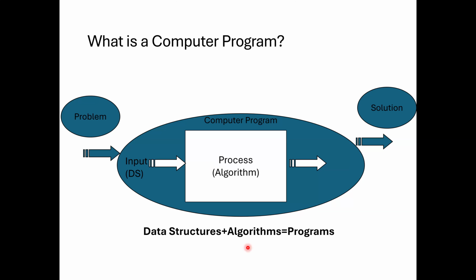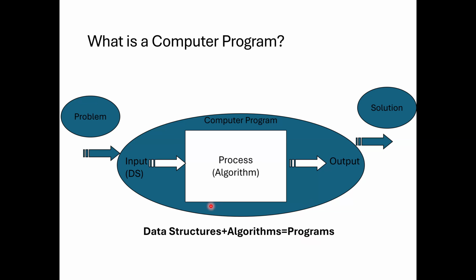What we are saying is that if we are able to organize data structures efficiently, and if we are able to write efficient algorithms, then the programs that we write will become more efficient. And that is why the name of this course is Algorithms and Data Structures. It is called that because our main goal is not just to write programs for writing programs' sake.